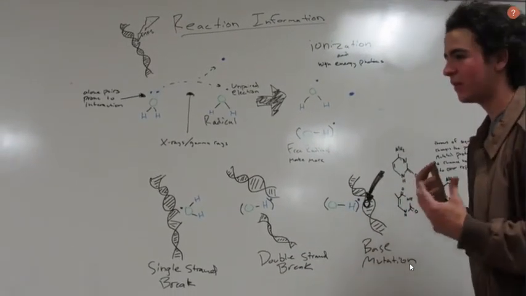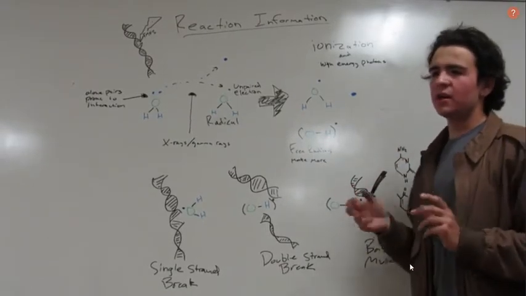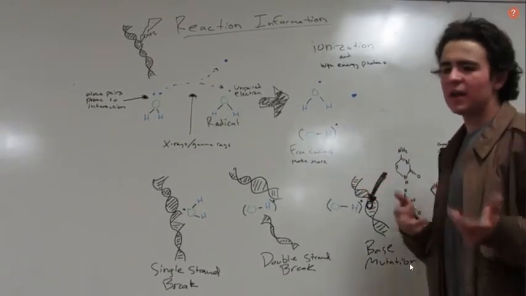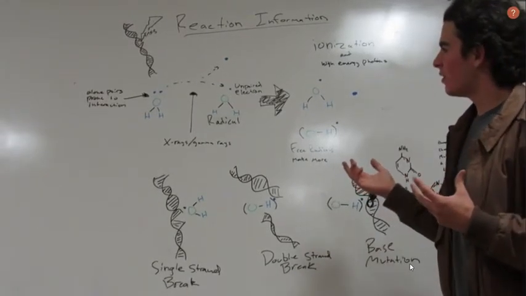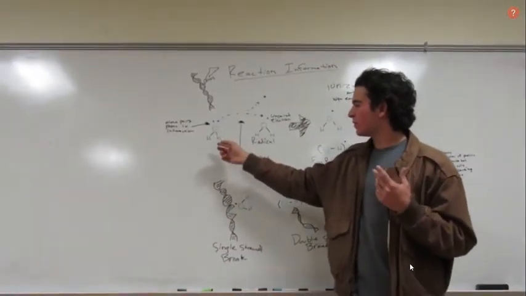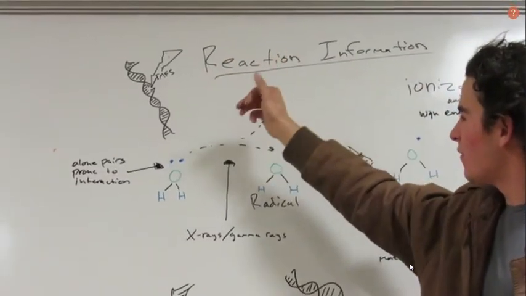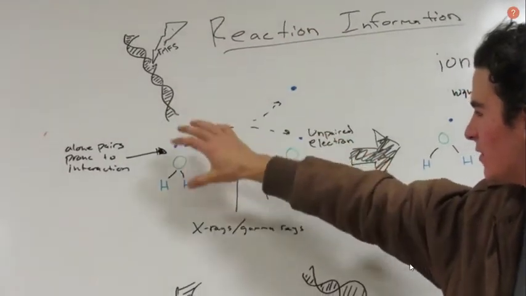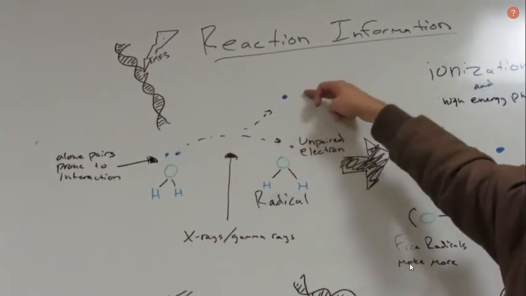So they cause ionization, which is just making something negative or positive, taking away an electron. Lone pairs, for example, are very susceptible to this. And whenever these high photon MEFs come in and interact with these, they will shoot off an electron.